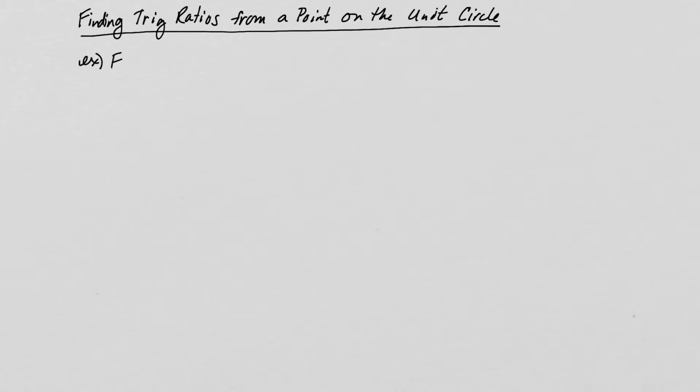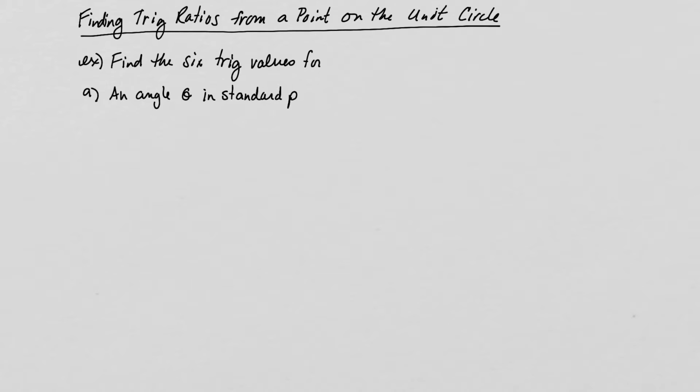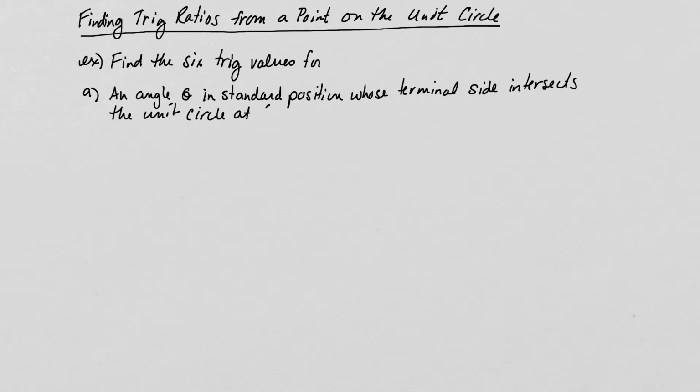So for example, find the 6 trig values for A. An angle theta in standard position whose terminal side intersects the unit circle at 8/17, 15/17.